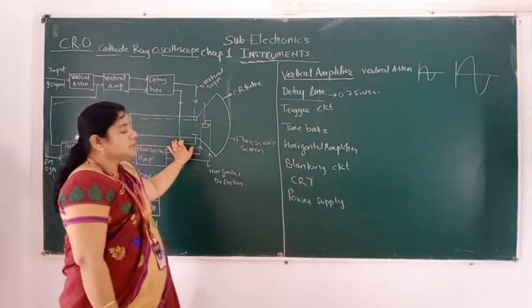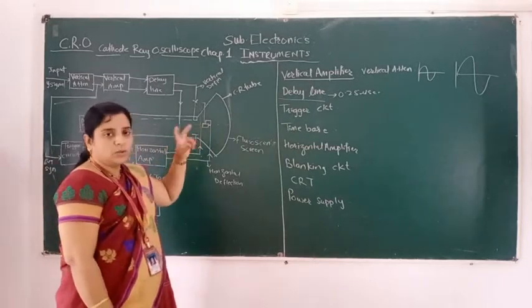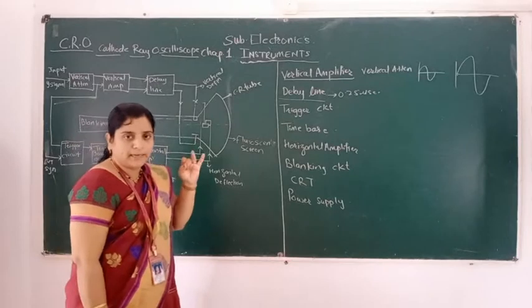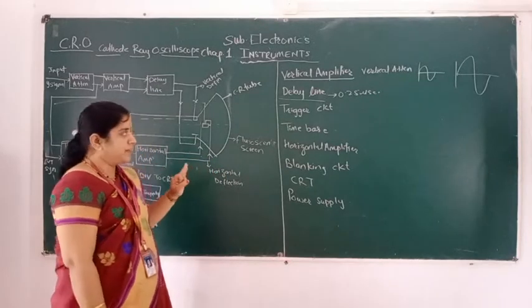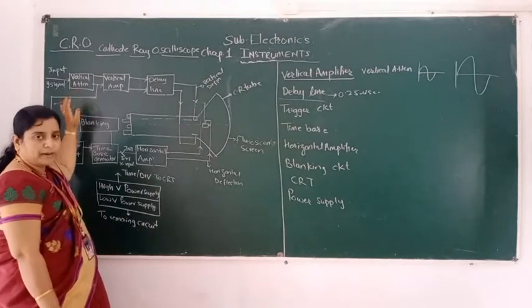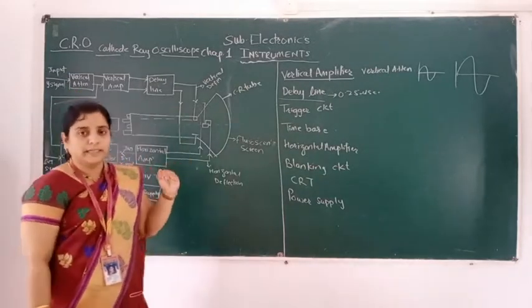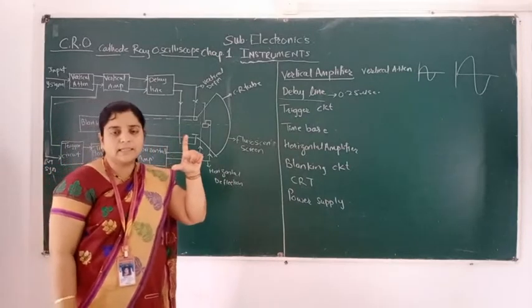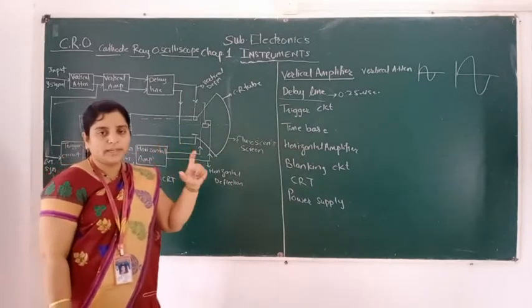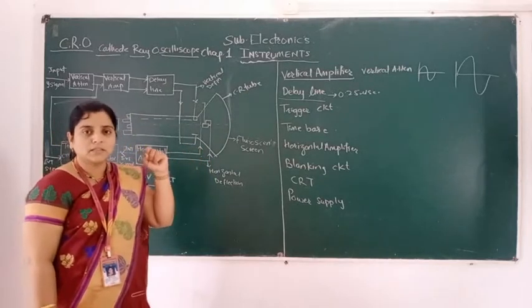We have seen in the CRT there are two types of plates: the vertical deflection plate and the horizontal deflection plate. So the first block is the vertical amplifier. Input is applied to the vertical amplifier, which amplifies the signal. It increases its voltage, its frequency, or indirectly its strength.